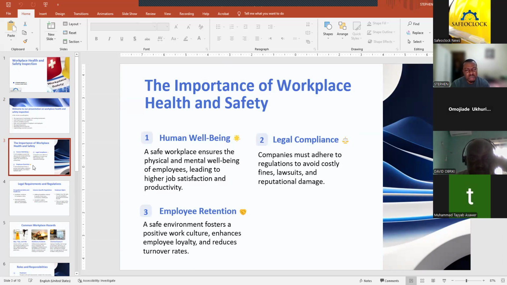Basically, the importance is human well-being, because it is often said that a safe workplace ensures physical and mental well-being of employees. This will also lead to higher job satisfaction and productivity.